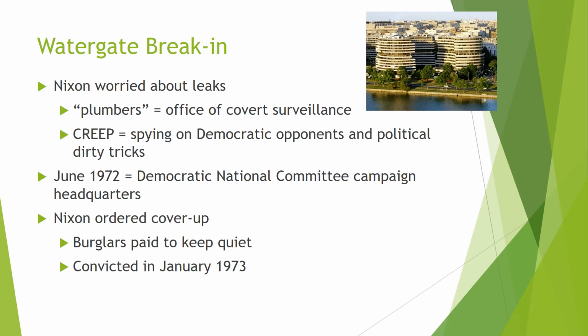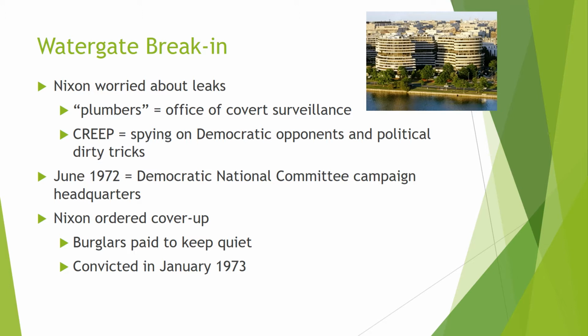So the White House had this informal office of covert surveillance that was investigating national security breaches. But in 1972, with the campaign effort, the Committee to Re-elect the President, CREEP, and I'm not making that up, sort of expands out into spying on Nixon's Democratic opponents and engaging in all kinds of political dirty tricks.